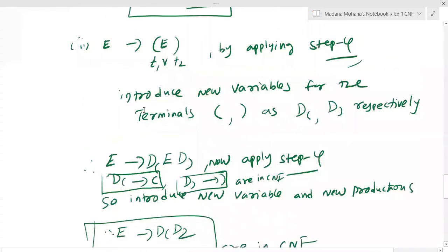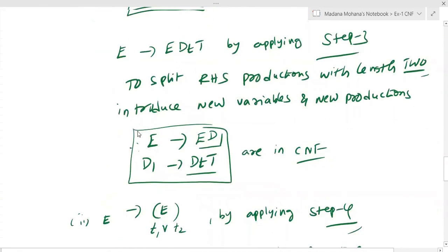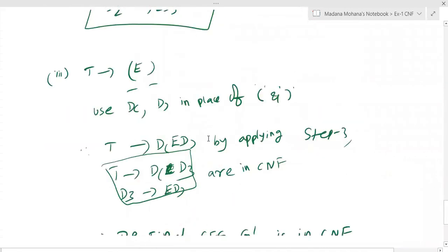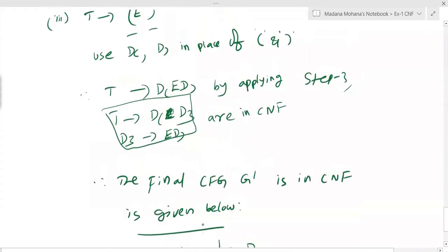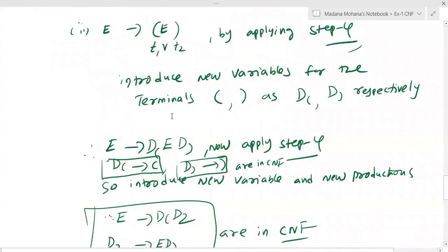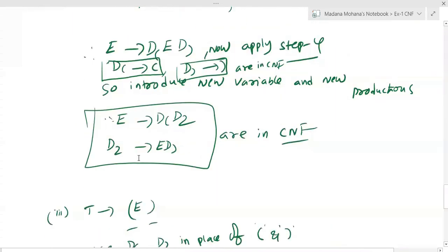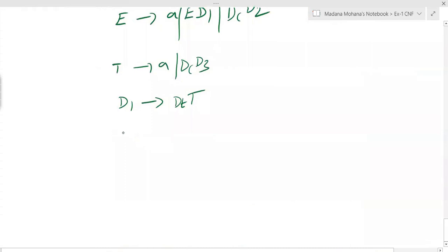D1 derives, here you can see, D1 derives D suffix T, T. Then D2 derives E D suffix right parenthesis.